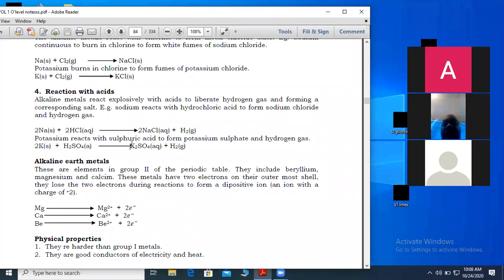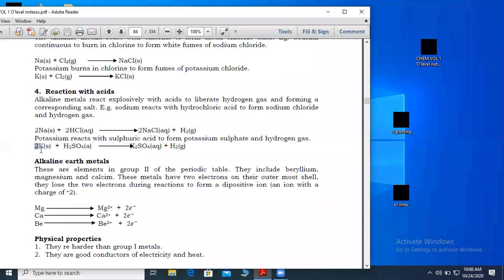So this is the correct formula of potassium sulfate. Please make correction. Now, the potassium atoms here become 2, so you need to put 2 on potassium, and that was the 2 required there.